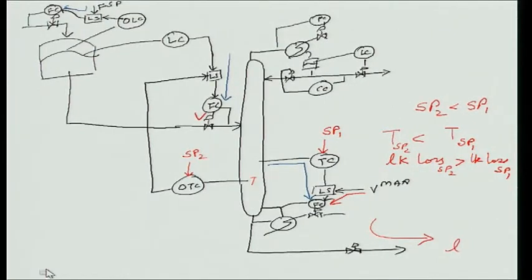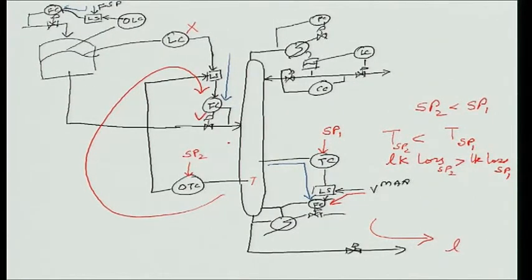Once again, let us see red color. So, once this gets activated, my level control is lost. I lose level control because the output of the level signal is not going through.